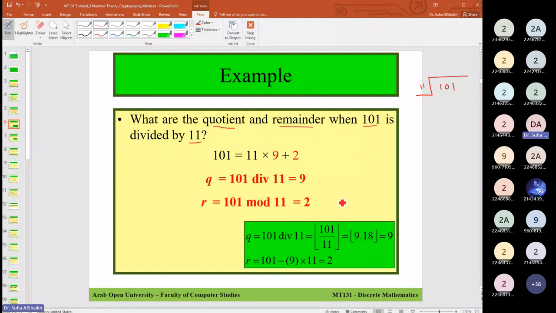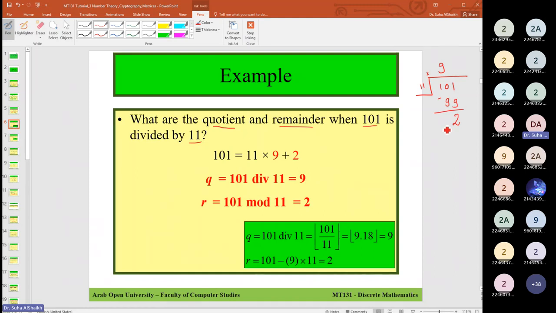What's the result? It's 9.18. The 0.18 is the remainder, so we take the 9 actually. Multiply 9 by 11; this is 99. Subtract, and what remains? 2.